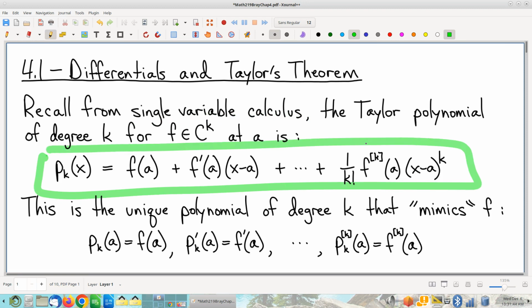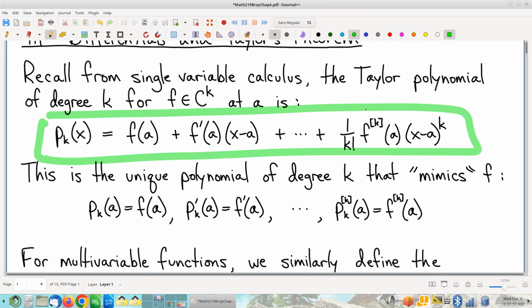Now, why do we care about the Taylor polynomials? I guess anyway, it can be phrased in different ways. Here's the take that I like the best. This is the polynomial that best mimics the function. Right? So in other words, it's got the same value as the function. It's got the same derivative at the point A, at least.